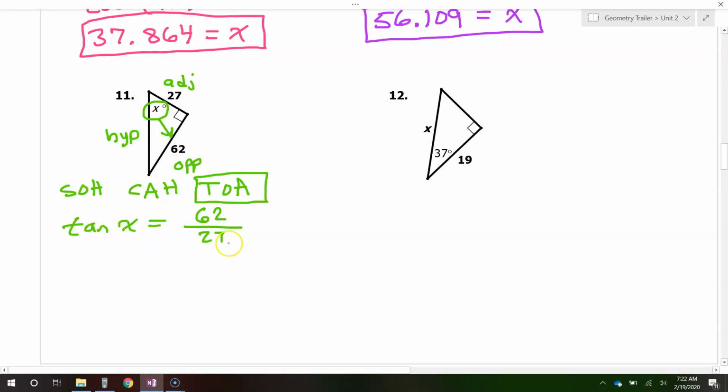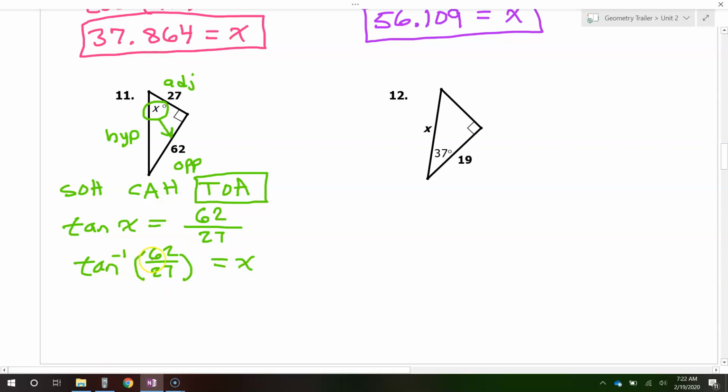Do we multiply, swap, or inverse? When the variable is inside the trig function, this is when we do inverse. So we will do inverse tangent with a little -1 on it of 62 over 27, and that should equal x.